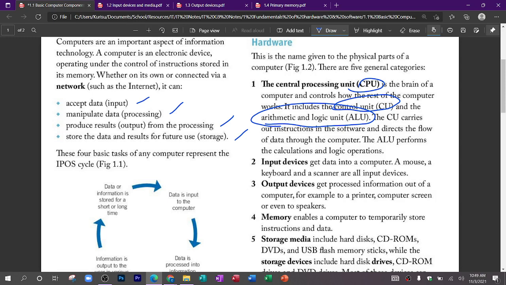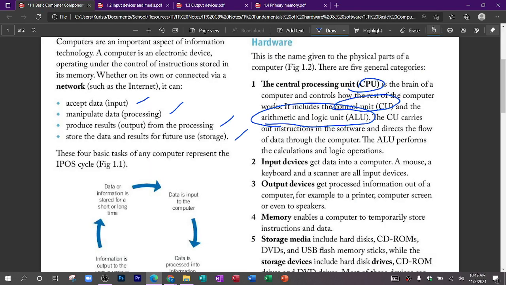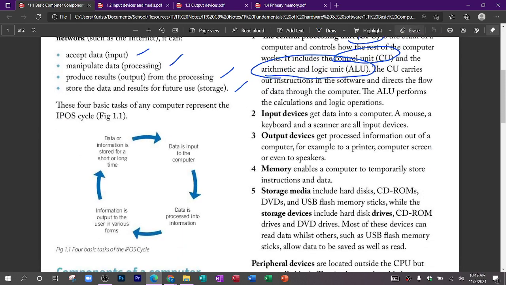So if you notice, memory is our 4th category, and that's actually the next chapter that we will be looking at. What are the types of memory and so on. And then the last category of hardware is storage media.